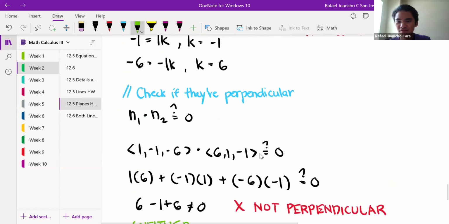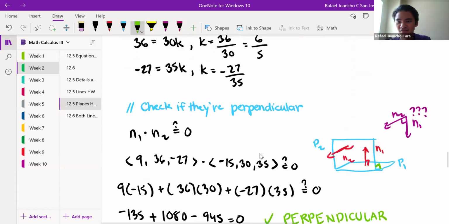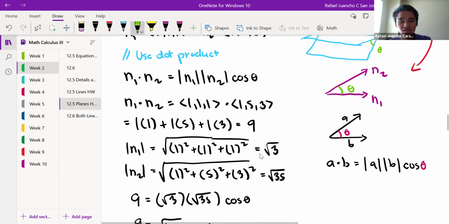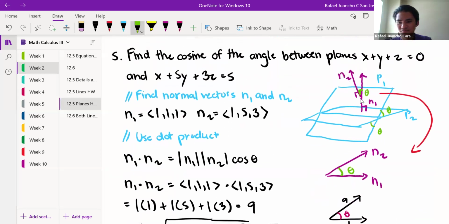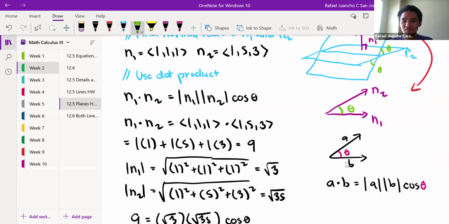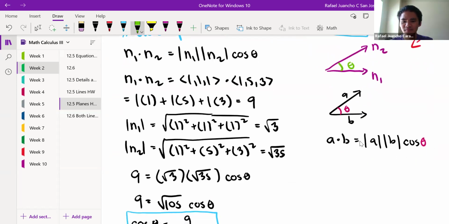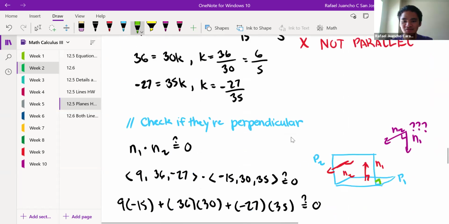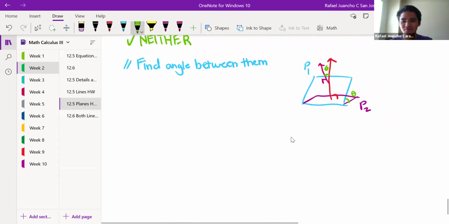It's kind of similar to how we did in the first exercise, which was here. And then we denoted that as N1 and N2. And then we use that formula to get theta.